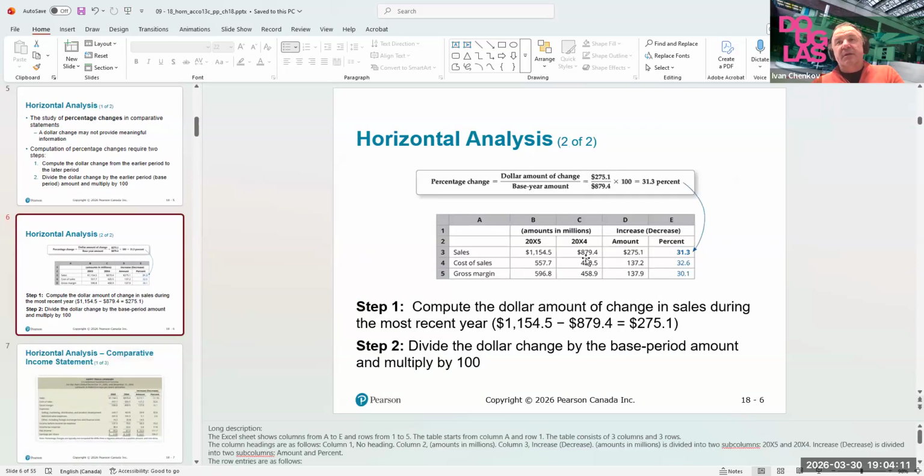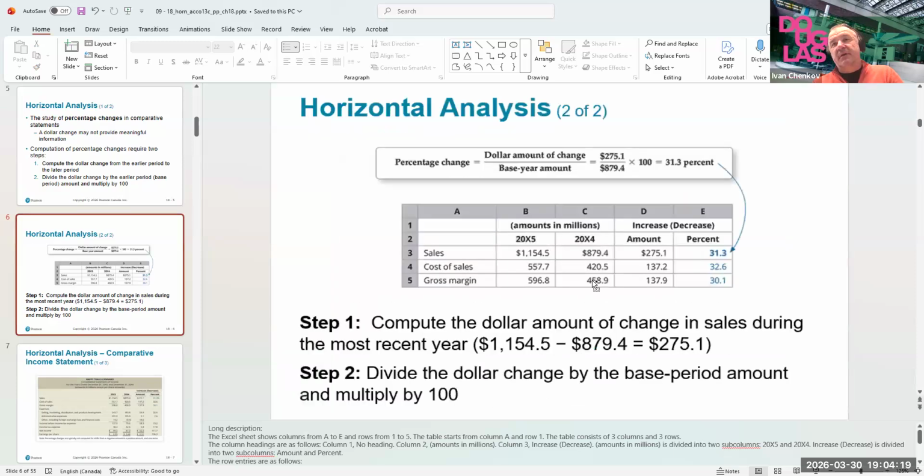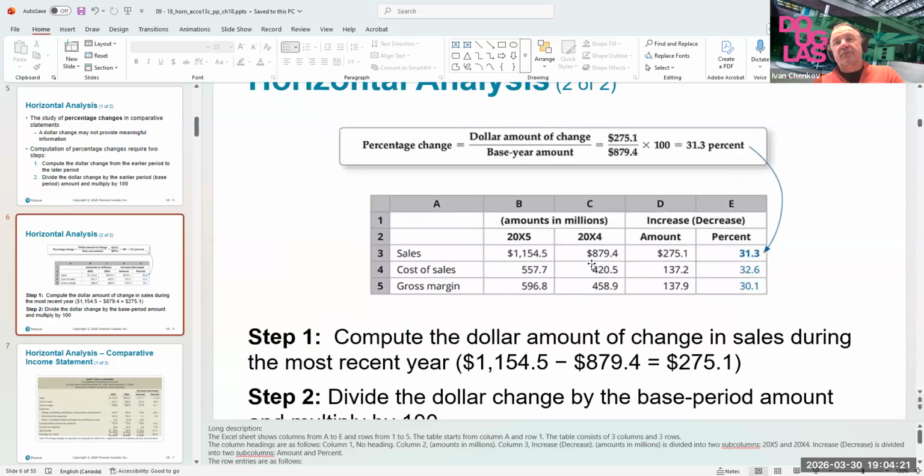For example, this company has 2 years, 2024 and 2025. Obviously the earliest year is our benchmark, or our base year. And then we see the difference between that year and the current year.